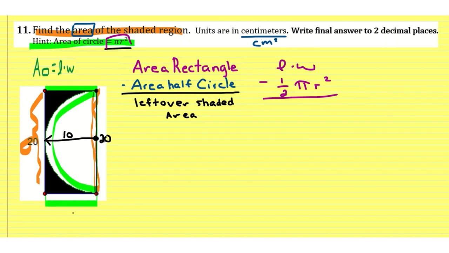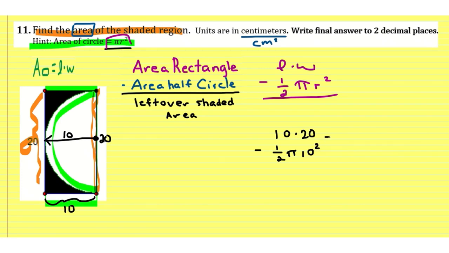That length matches up with this side of my rectangle, so its length is also going to be 10. So the length times the width is going to be 10 times 20. And then I'm going to subtract off 1/2 pi r squared. We've now determined that our radius is 10, so pi times 10 squared.